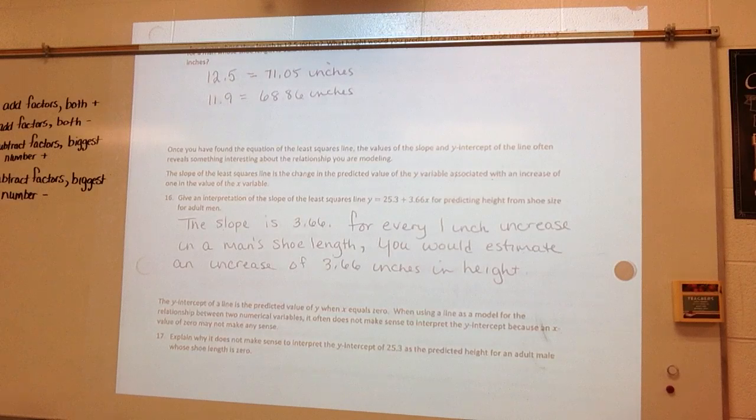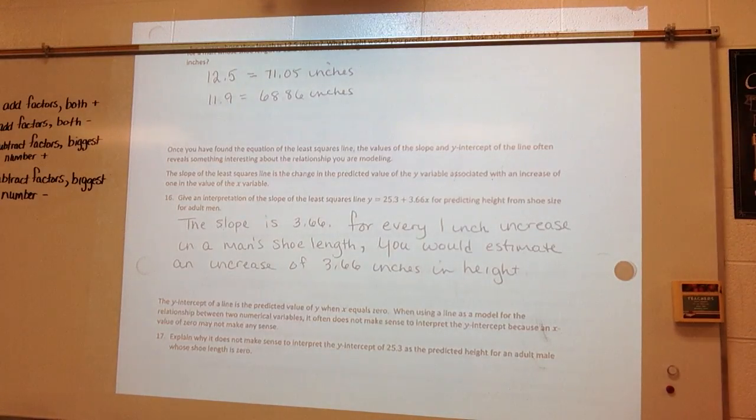The y-intercept of a line is the predicted value of y when x equals 0. When using a line as a model for the relationship between two numerical variables, it often does not make sense to interpret the y-intercept because an x value of 0 may not make any sense.